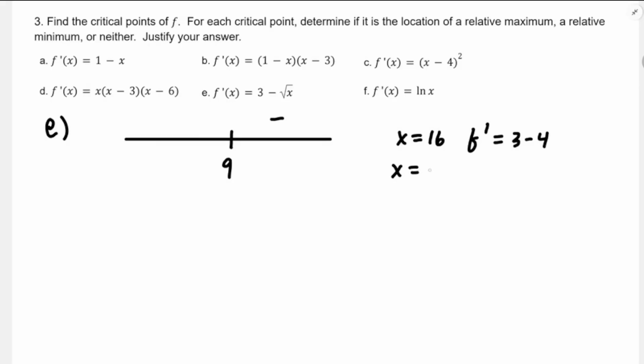And x equals, say, 4, a number less than 9, f prime will equal 3 minus 2, which is a positive number. And so since f prime is going from positive to negative, I'm going to say x equals 9 is the location of a maximum.